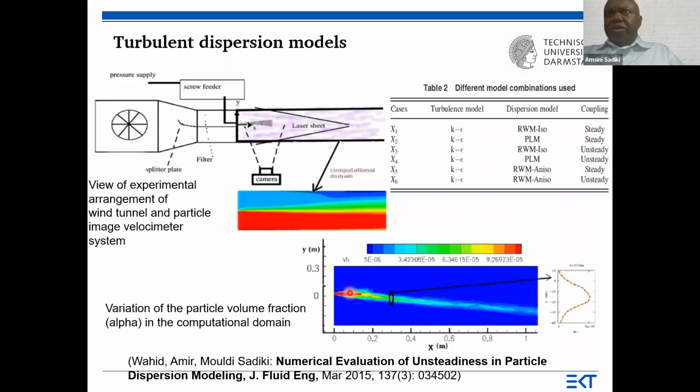Here we also did validation of these models. This is the experimental setup. It is a wind tunnel with particle image velocimetry. The particles are introduced here, and we have a shear layer here, and here the particles will be dispersed and captured by the camera.